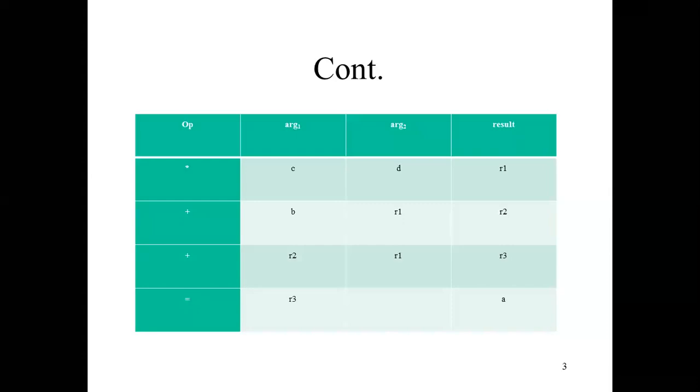As the name suggests, there will be a maximum of four fields, including the operator. Out of the four there will be one operator, argument 1, argument 2, and the fourth field we declare as the result.